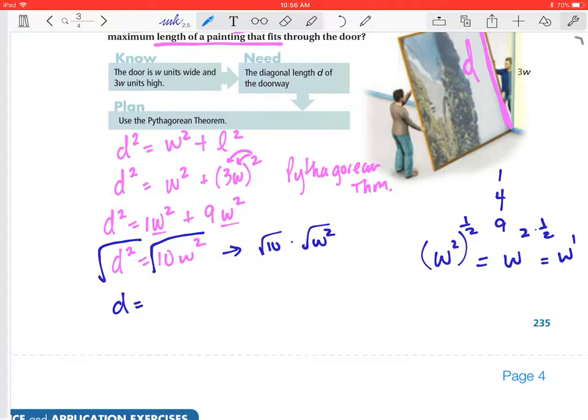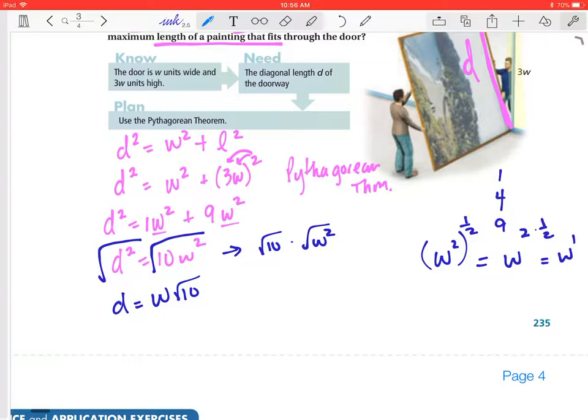So when I take the square root of w to the power of 2, the radical sign and the 2 cancel each other out, and I'm just left with w. Then I keep the square root of 10, because that won't reduce any further.